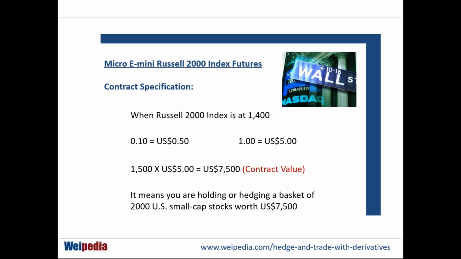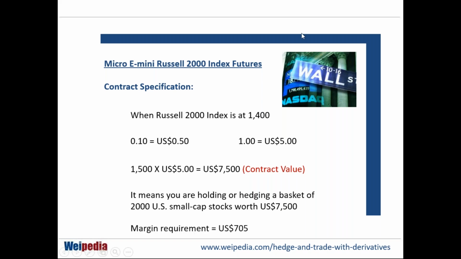This is what it means. So it's very meaty. Those who do not understand how it works find that it's dangerous, it's leverage trading. Yes, it's leverage, but say you buy one Micro E-mini Russell, you have to understand you're engaging $7,500 worth of 2,000 small companies. That's all. Then of course there'll be margin.